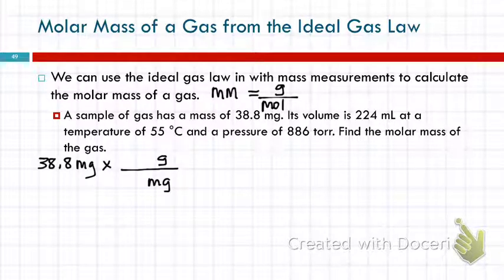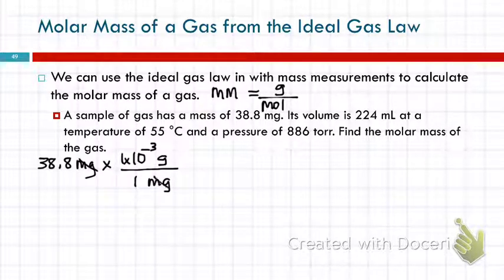So 10 to the -3. So here's milli. I don't want to put what it means right next to it. I want to put what milli means on the other side of the line. Because up here, instead of writing milligram, I'm going to write what milli means, 10 to the -3. So 1 times 10 to the -3 grams is equal to 1 milligram.